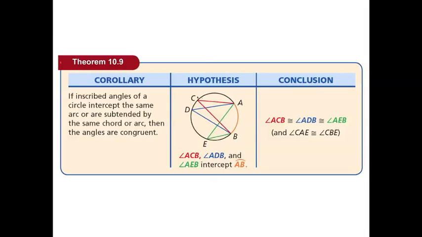So all three of these inscribed angles, the red, the blue, and the green, intercept the same arc. If that's true, then all three of those angles have to be congruent to each other. So angle C, angle D, and angle E are all congruent angles. That's all that this theorem is really telling us. So we will use that to help us solve some algebraic problems.